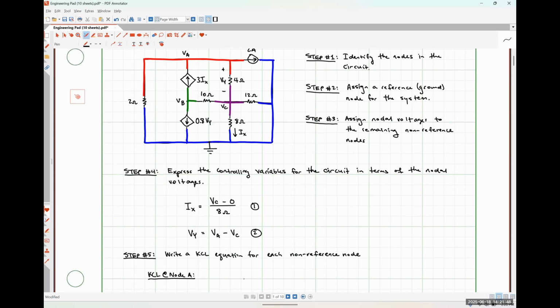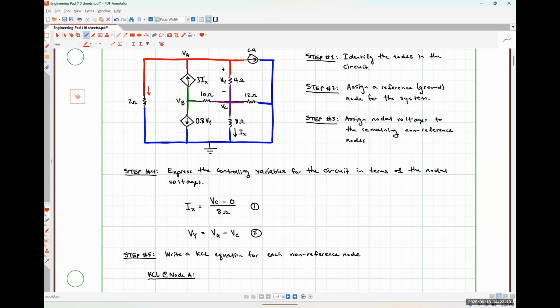And until you get really familiar with things, I would encourage you guys to actually write on your circuits the currents that you're effectively adding up together. So we're trying to find all of the currents that are leaving node A. So I'm going to identify them in red like this.